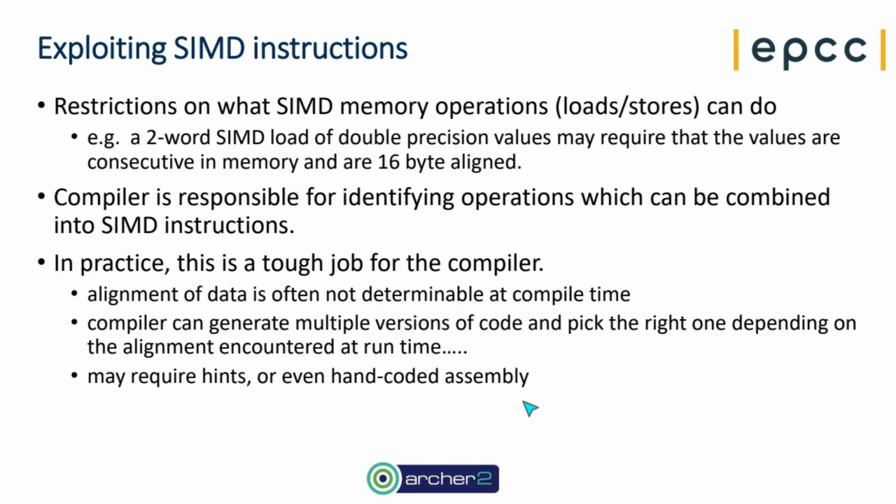And tomorrow afternoon, Adrian will run a session about vectorization and how to help the compiler, how you can rewrite code and give the compiler hints to help it in its job of generating SIMD instructions.